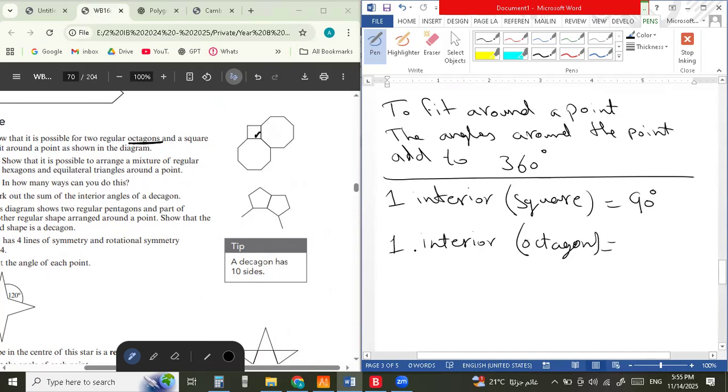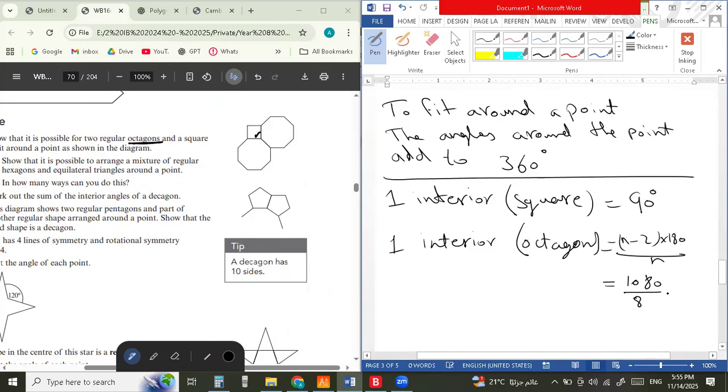How can I find this one interior angle? We know the rule: n minus 2 times 180 over n. Following the rule, 8 minus 2 is 6. So 6 times 180 is going to give you exactly 1080. We've just found the sum of the interior angles of an octagon.